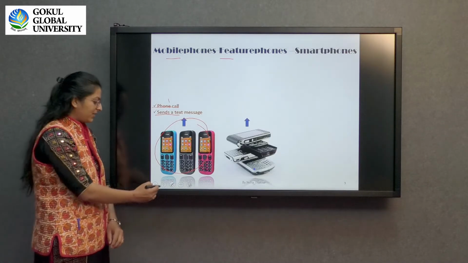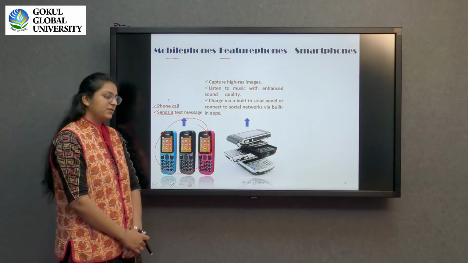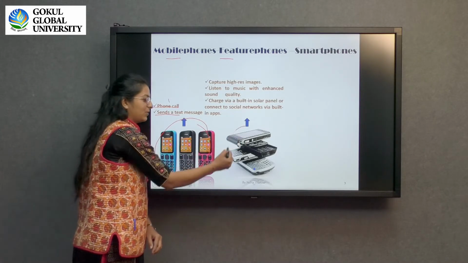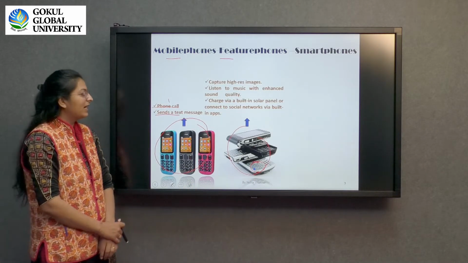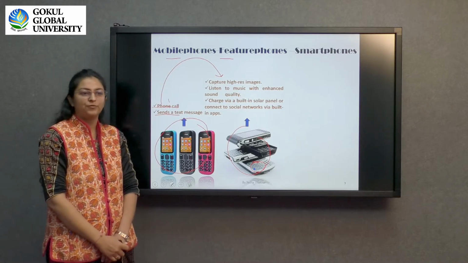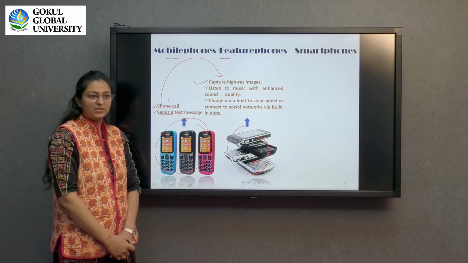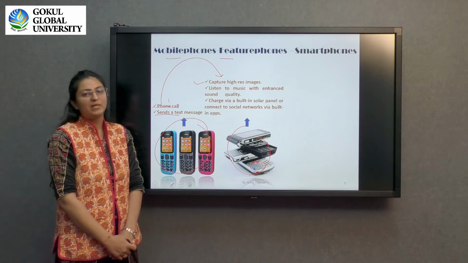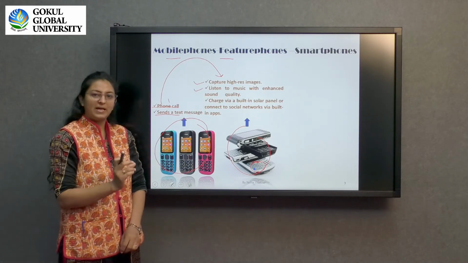And then this scenario has been changed toward the feature phones. So which are the feature phones? As we know, we have the QWERTY keypad phones, where we have more facilities than the earlier mobile phones. Which facilities? We can capture the photo, but with low quality. The same as we can listen to music, but selected ones.